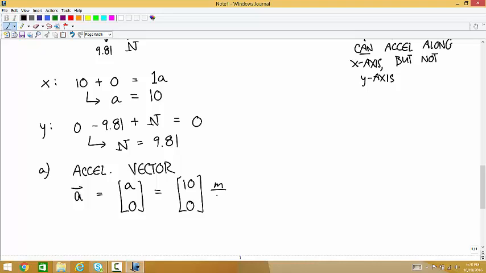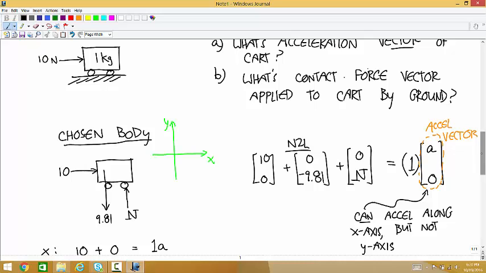Yep. And then for B, we're looking for the force vector applied to the cart by the ground. That's this one.